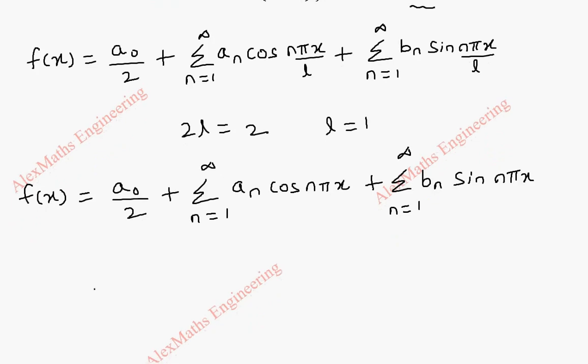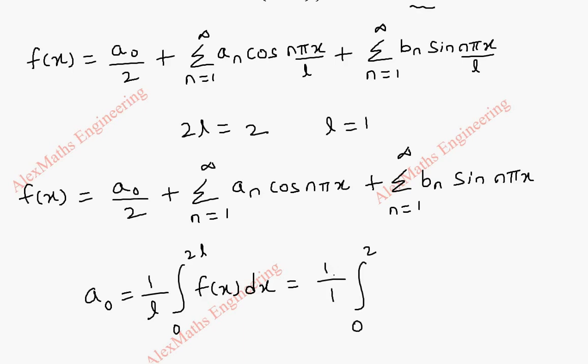Now, to find a0, our formula is 1 by L integral 0 to 2L f of x dx. And this is 1 by 1 integral 0 to 2. We substitute L as 1 and we have f of x dx. But f of x is made up of two parts.